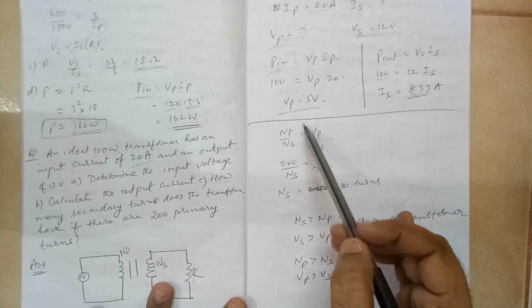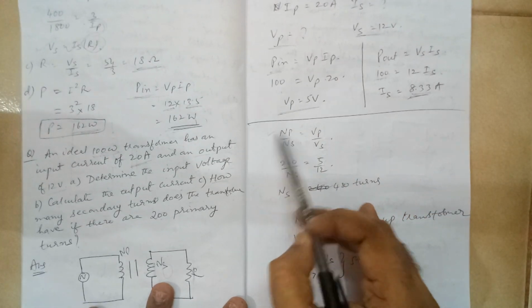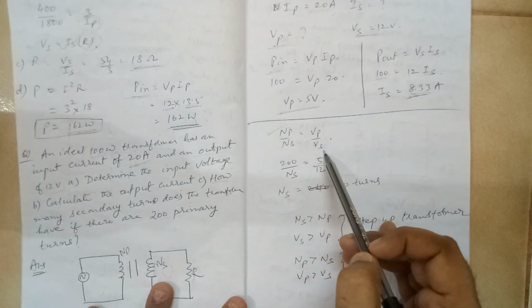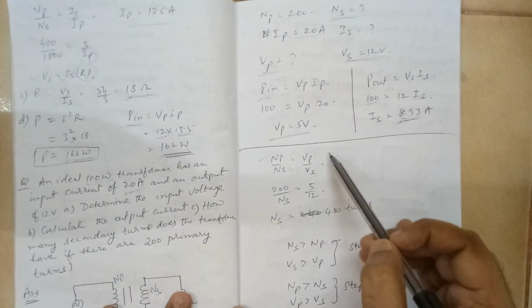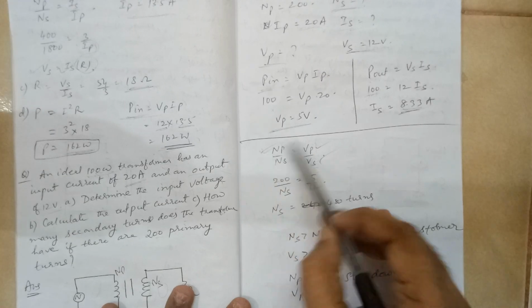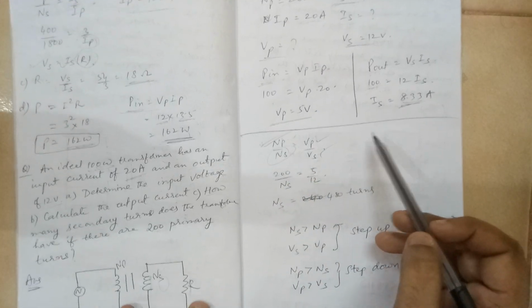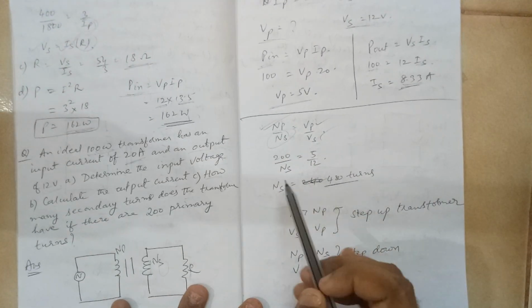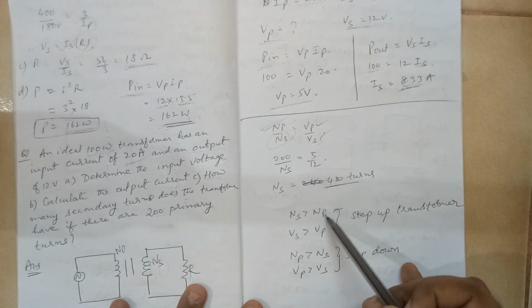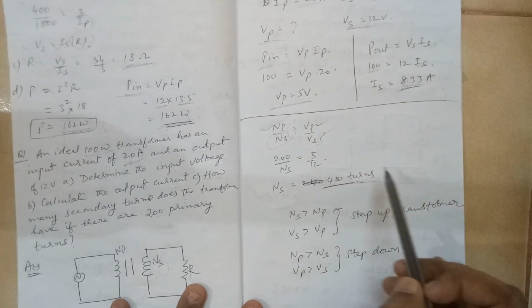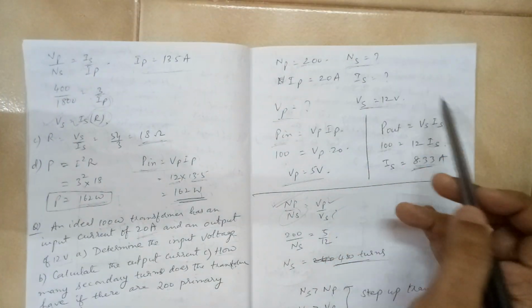Now, if you see here, we know this basic equation, NP by NS is equal to VP by VS. So we have to find the NS value also, no? If we have found VP and VS, and we already know NP, we can get the value of NS. NS is equal to 480 turns. If you observe here, NS value is more than the NP value. NS value is 480 turns, NP value is 200 turns.